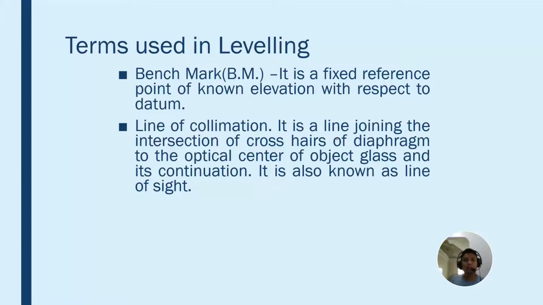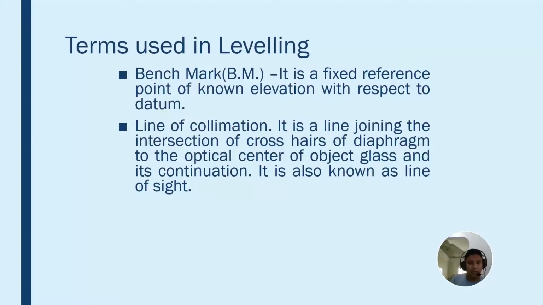Since the datum is not usually located at the surface of the earth, we have some reference points, or reference landmarks, or reference objects that we put on a location that serves as a reference point in conducting a survey. So that object is what we call the benchmark.